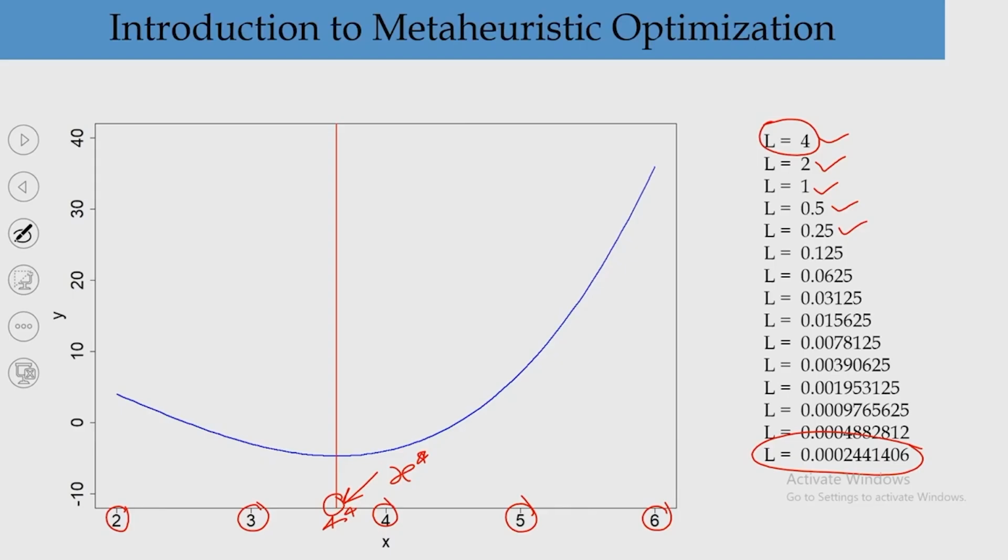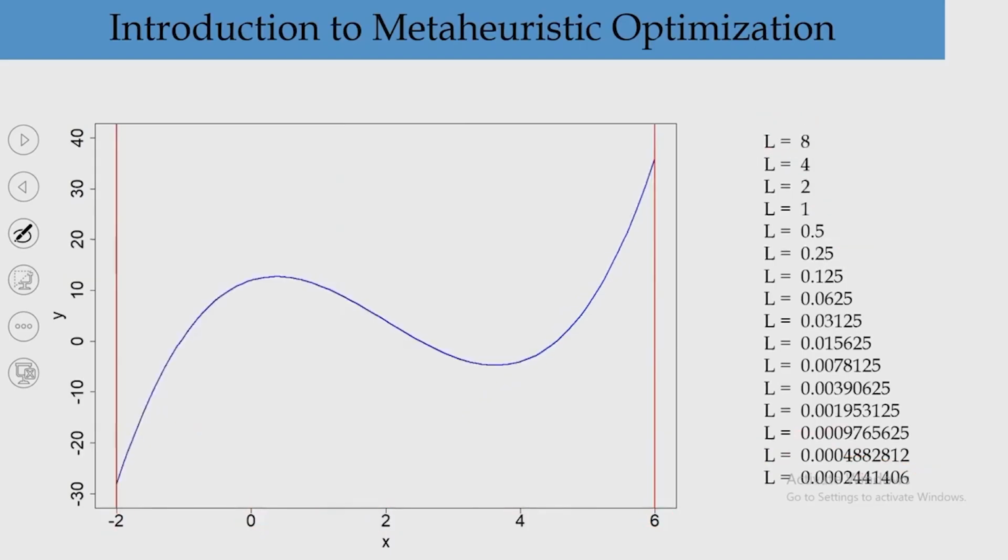Now, I would like to apply this same interval halving method on this particular function. Now, just see, this function has two optimal solutions, somewhere here and here, or maybe there may be other solutions. If you apply the interval halving method here, I have taken lower bound equal to -2, upper bound equal to +6.